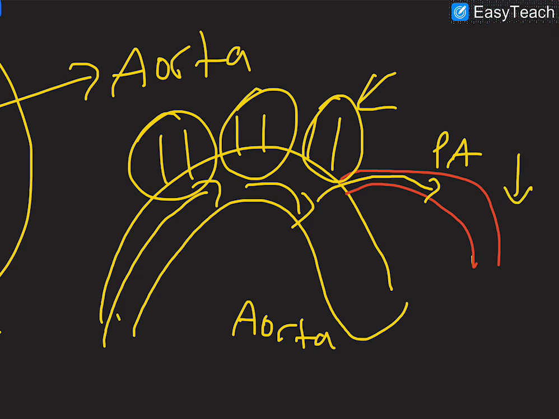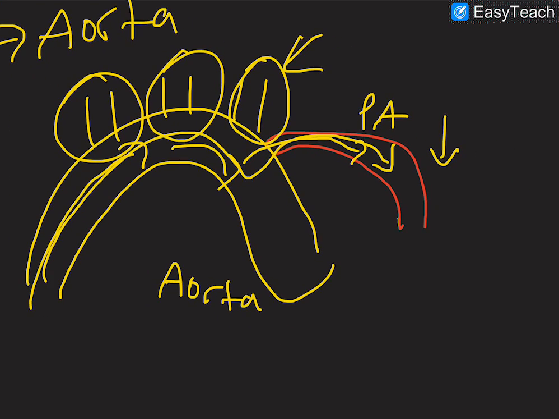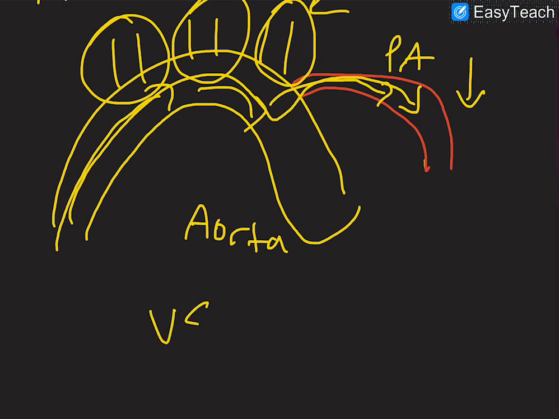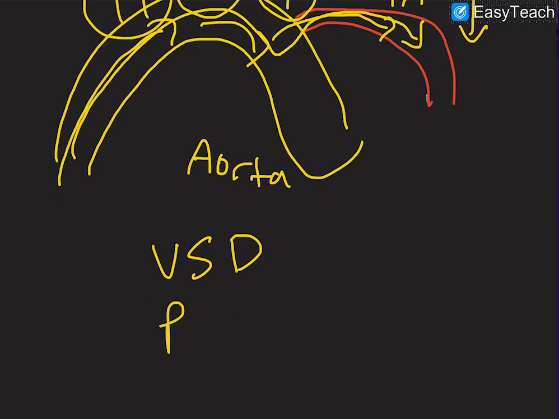So blood in the aorta gets shifted over to the pulmonary artery if the ductus arteriosus stays open, which is called a PDA. So we need a PDA in order for blood to go to the lungs, or we need a VSD like we discussed before. Those are the two ways we can get blood into the lungs. We need a VSD or a PDA.